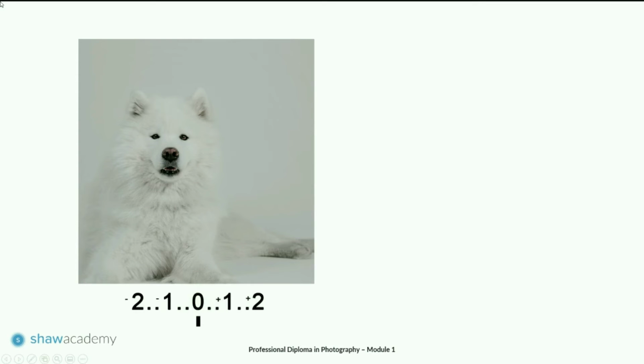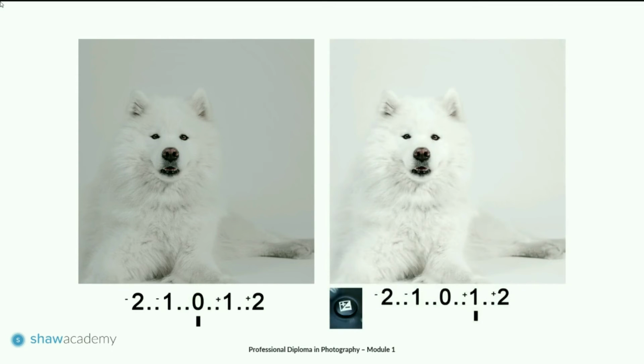So we need to add more light to this scene. And in this case, because we're photographing in our semi-auto modes, we use our exposure compensation and we simply dial up the exposure to +1. Remember, that doubles the amount of light in the scene. And we now get something that looks more correct to our eyes and is the correct exposure for this scene.